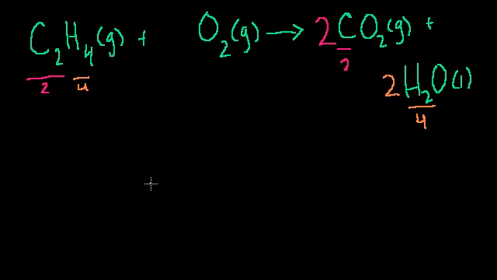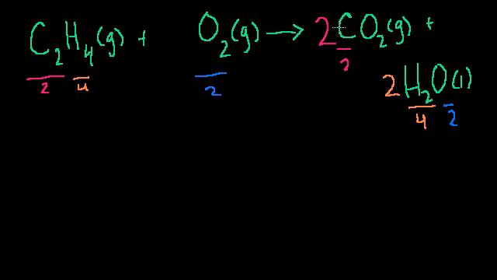Cool. Finally, oxygen. On the left-hand side, I have 2 oxygen atoms. And on the right-hand side, what do I have? I have 2 water molecules, and in each water I have 1 oxygen atom, so I have 2 oxygens.